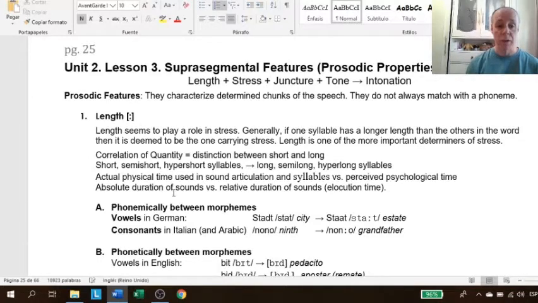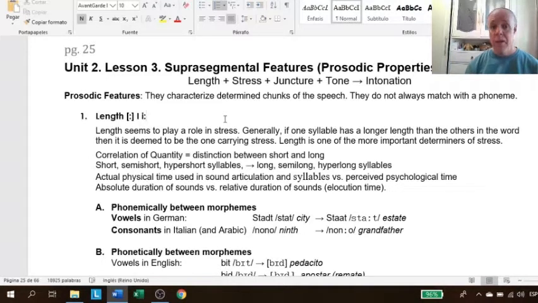All right, so in English, then, we have two different vowel sounds, for example. We have the short i and the long i. They are originally one sound, but length determines the difference.